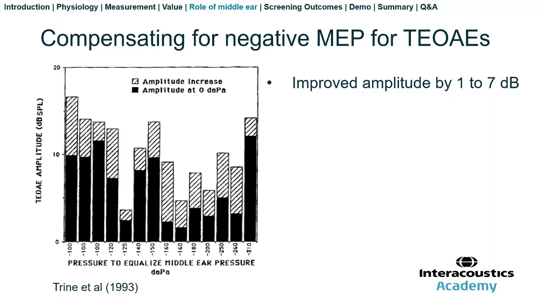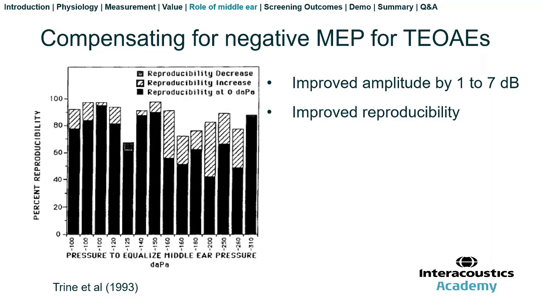So each of these black bars represent the level for different pressures across individuals. And then when they compensated, they actually had an increase in the overall response, by these shaded bars here. It was somewhat variable in terms of the magnitude of the improvement, but the improvement was consistent across their subjects.